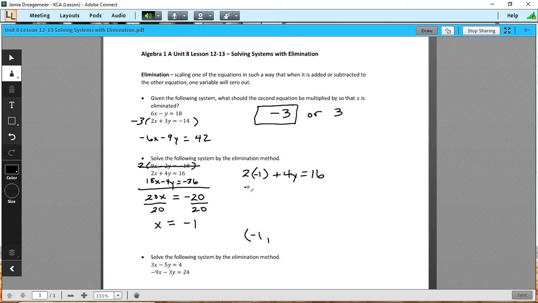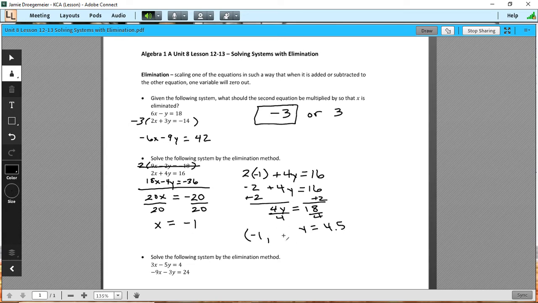Well, 2 times negative 1 is negative 2. So negative 2 plus 4y equals 16. I want to get the variable by itself here, so I'm going to add 2 to each side. And that gives me 4y equals 16 plus 2, which is 18. And then I'm dividing each side by 4. 18 divided by 4 is going to be 4.5.